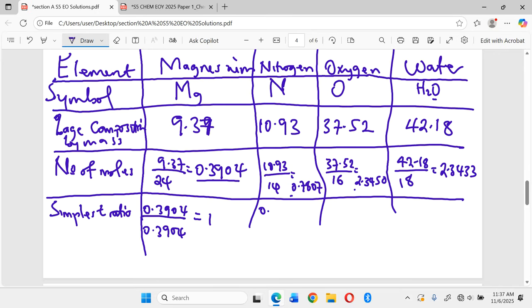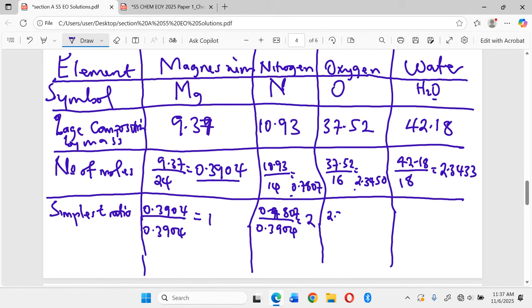So here we have 0.7807 over 0.3904. What do we get? Here we are getting a 2. Use your calculator also and confirm whether they are the same values you're getting.